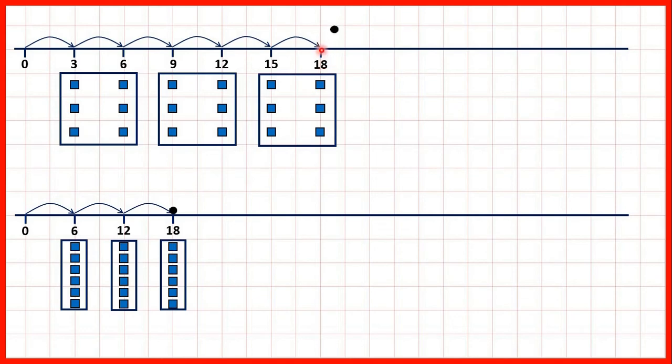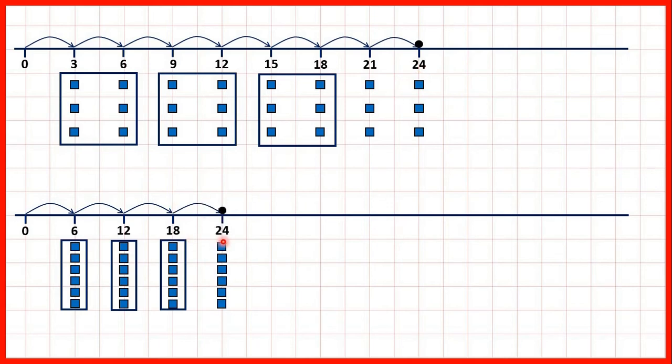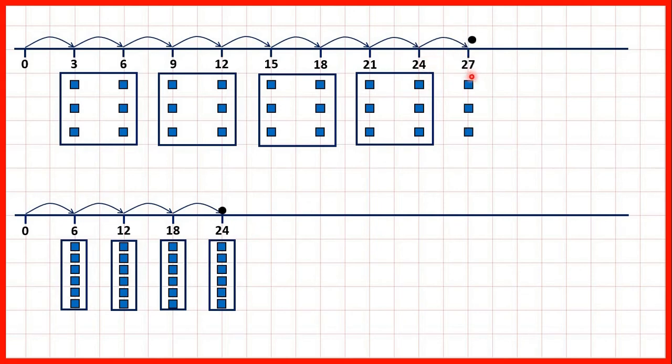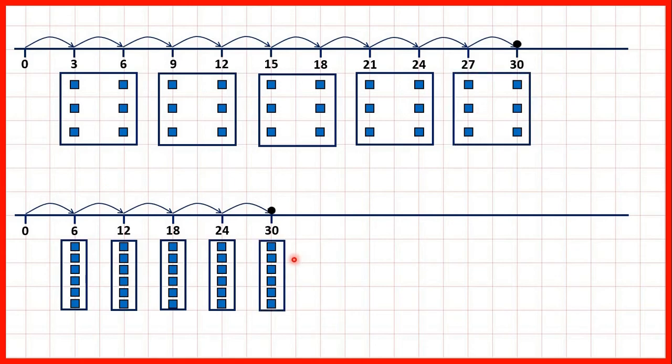Then the next multiples of 3 are 21 and 24, and 24 is also the next multiple of 6. We have 6 counters here and 6 more counters in our 6 times table. If we keep counting, we get 27 and then 30, and 30 is the next multiple of 6 as well.